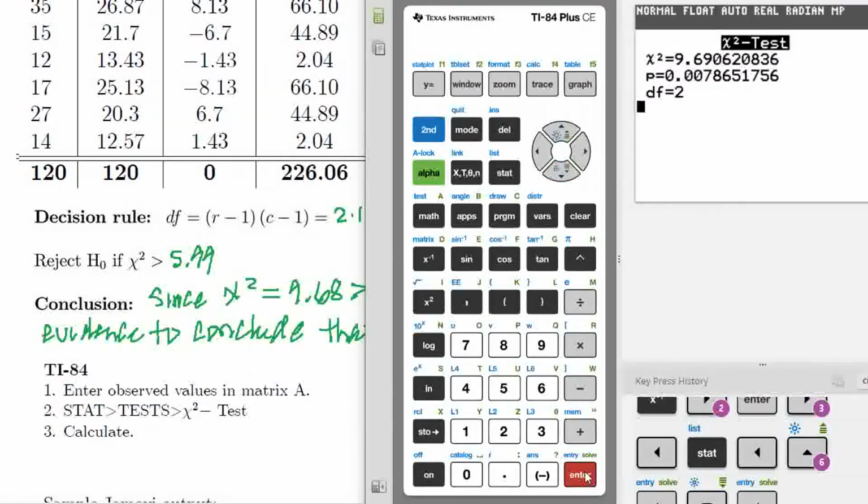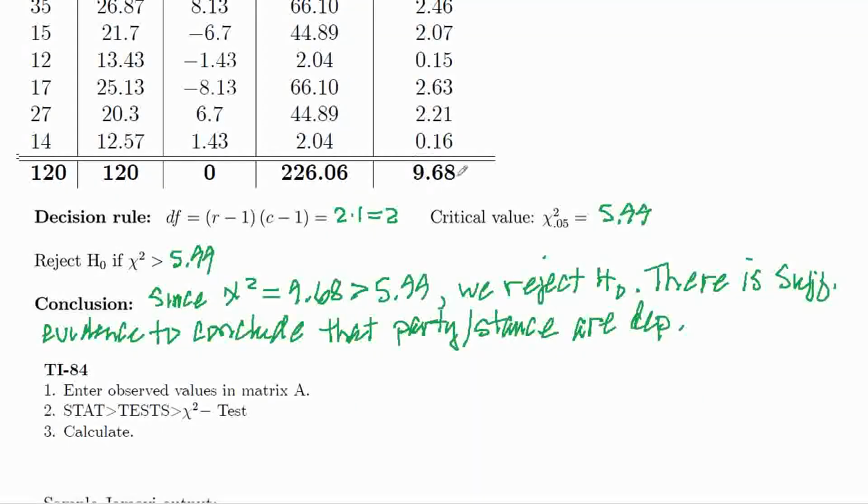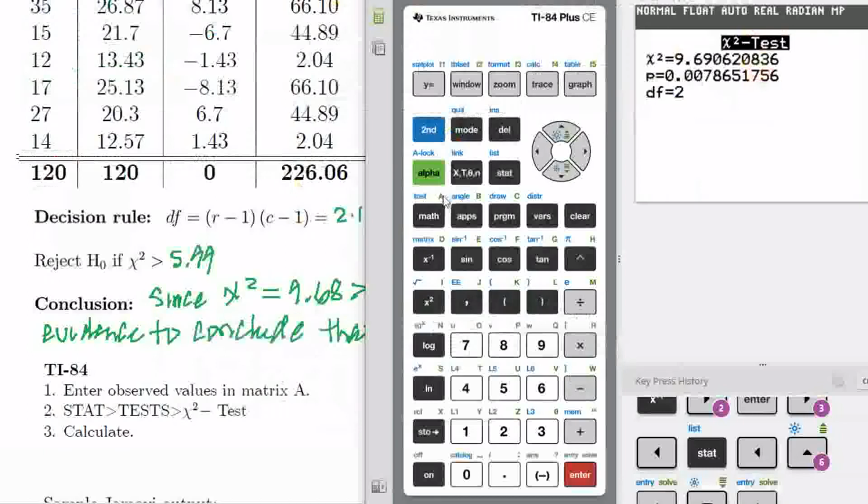Either one's fine. And so we see our chi-squared is 9.69, and by hand we got 9.68, so that's confirming our work there. The P-value is 0.0079, which is less than 0.05, so that's also confirming that we reject the null hypothesis. And then our degrees of freedom are 2, just as we figured.